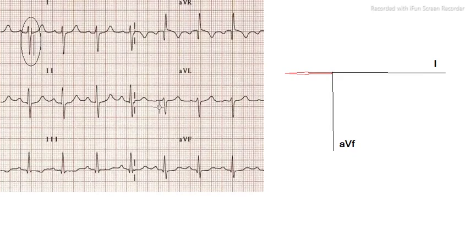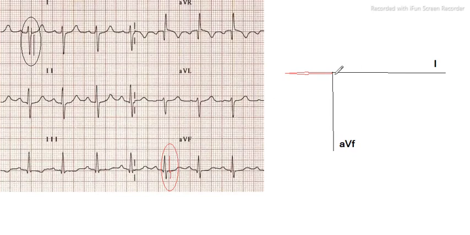Now we take the example of AVF. When we see this AVF, there is maximum positive deflection, you see here, and a slight negative deflection. When you take the resultant, it will be positive.